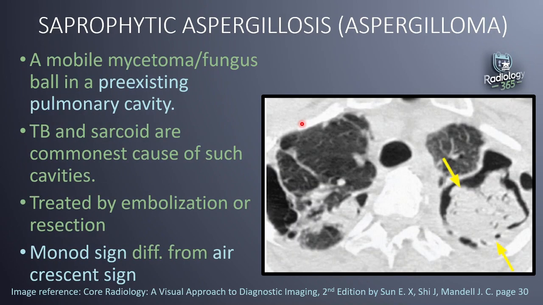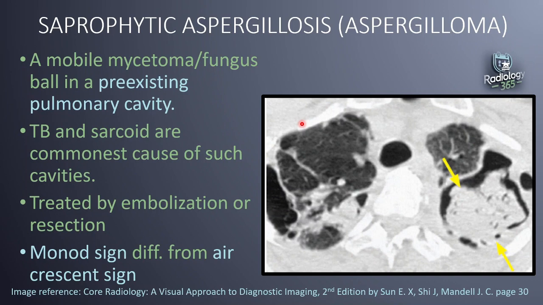Then we move on to the next category of finding, and that is the saprophytic aspergillosis or aspergilloma. So remember we said that the first one, allergic bronchopulmonary aspergillosis, occurs in the context of chronic asthma. In this case, it occurs in the context of a pre-existing cavity within the lung.